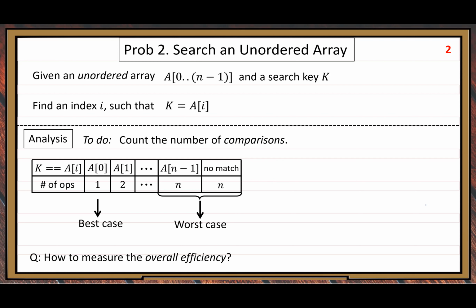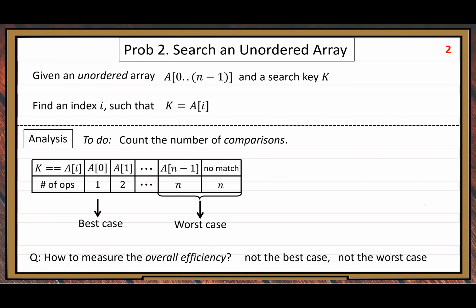You cannot use the best case, 1, for the overall efficiency. The worst case is also not a good number. You cannot use the worst case number n to measure the overall efficiency. So you need to use a new way for overall efficiency. That's the average case. That's the concept.